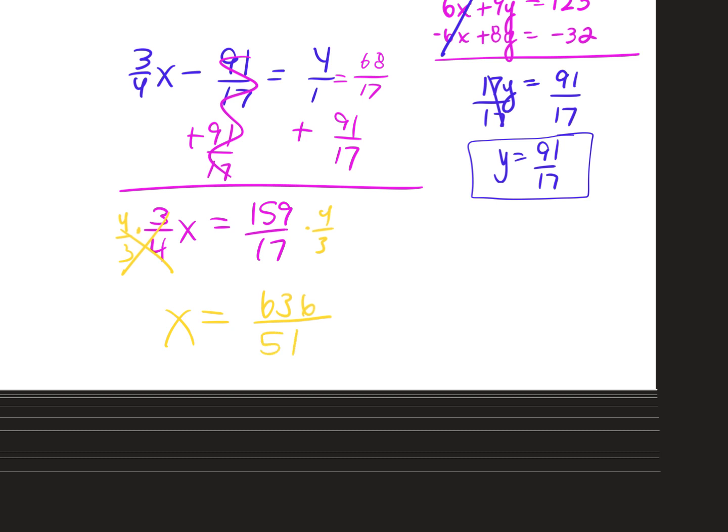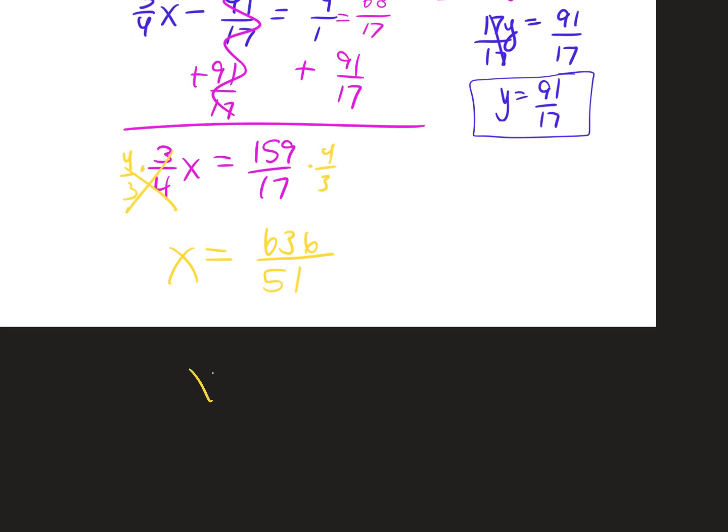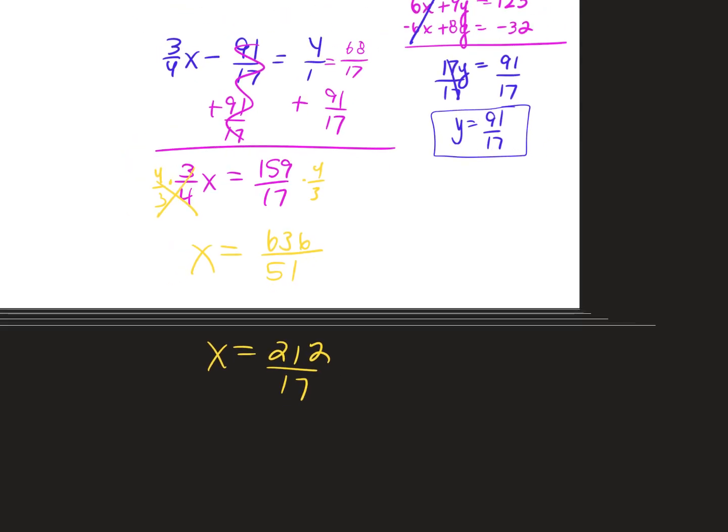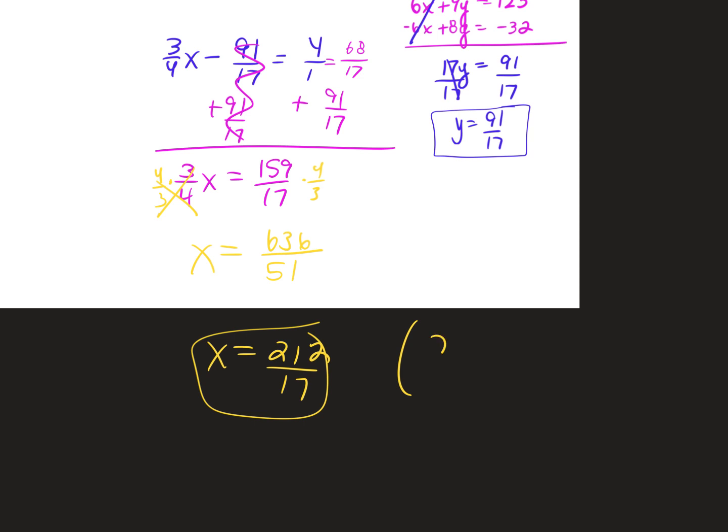And does that reduce? 3 goes into both of them. So this reduces to x equals 212 over 17. So your ordered pair, guys, is 212 over 17, comma, 91 over 17. Yeah?